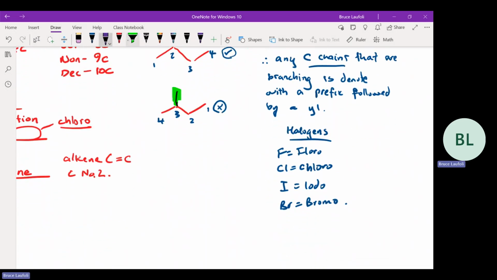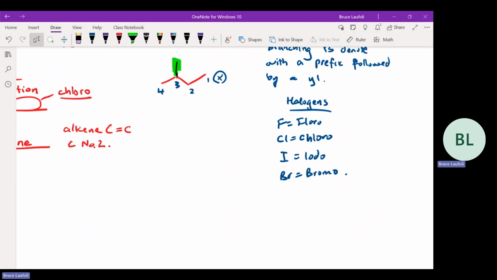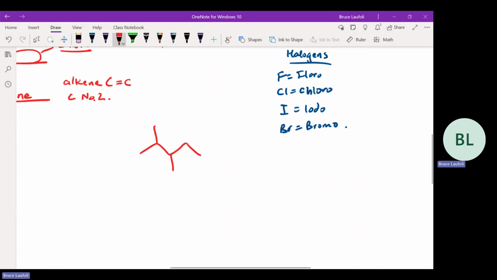Let's look at the example over here. So let's label the longest chain. Hopefully you can see it goes 1, 2, 3, 4, 5.